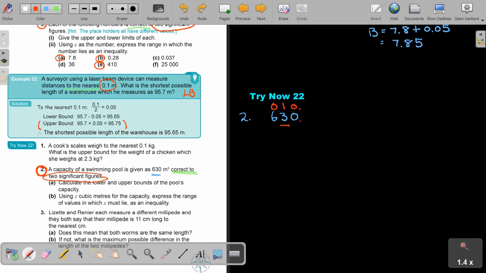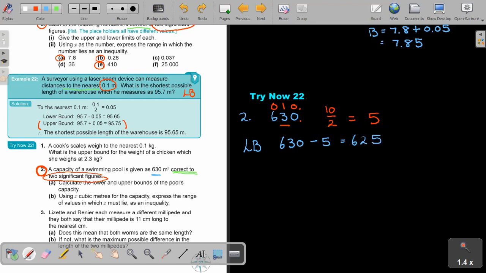If there's no comma, the comma is standing there. So actually, it's just 10, because there's just 10 standing there. Then I divide by 2, and I'm going to get 5. That's the number which I will subtract and add. So for the lower bound, I'm just going to take 630 minus 5, which is going to be 625.